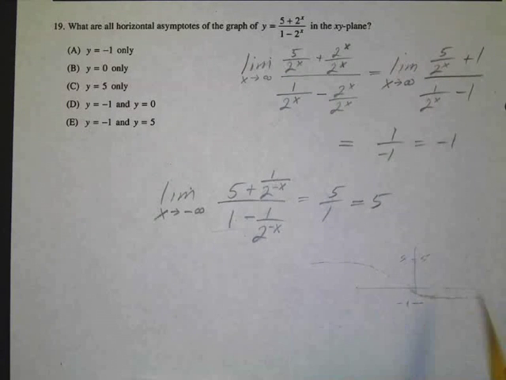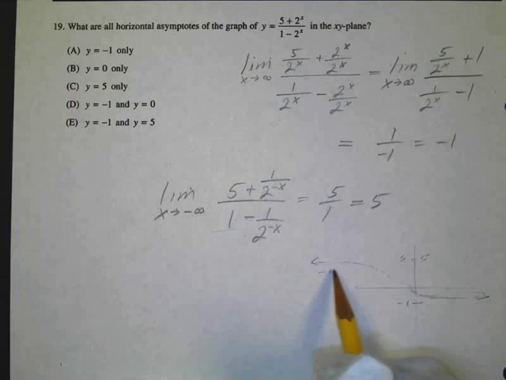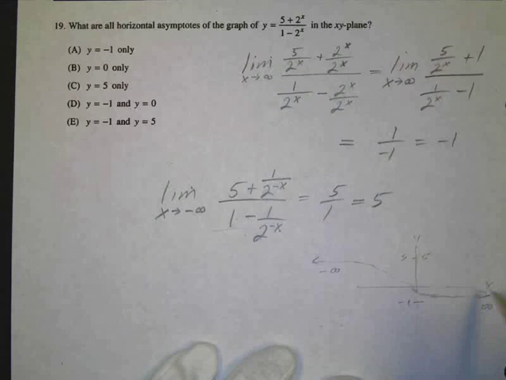This might be negative 1, and this might be 5, so it looks something like this, as x goes to negative infinity and as x goes towards positive infinity. That's one way it could look.